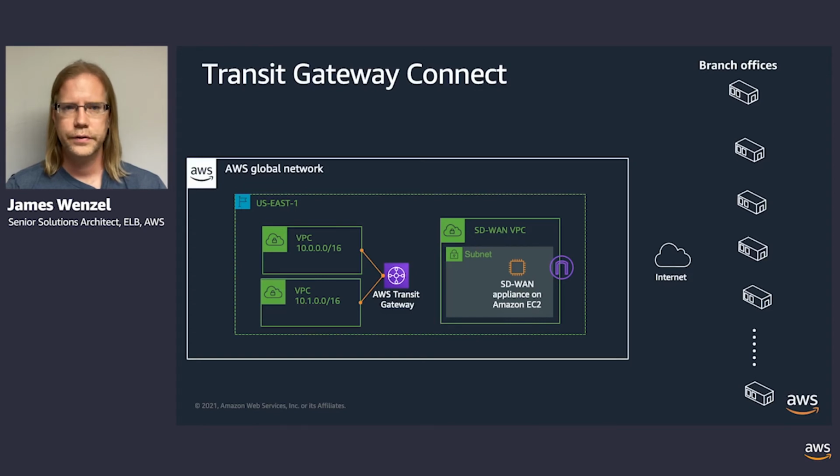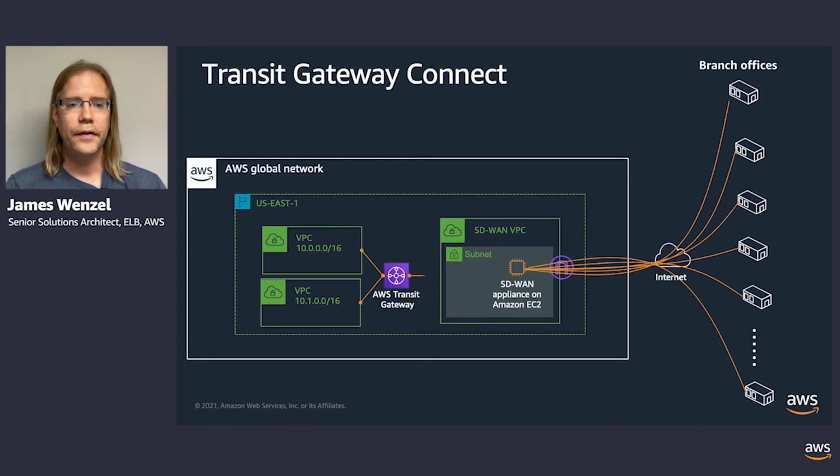This could be a vendor solution, this could be your internal custom solution. And then, of course, you have your internet gateway that facilitates communication via the VPN to all of the other branch locations. When you communicate or set up this connection, you will then go ahead and make an attachment to your Transit Gateway, effectively allowing it to become part of the routing system of all of the rest of your workloads.